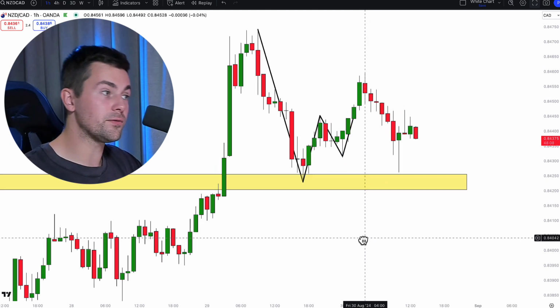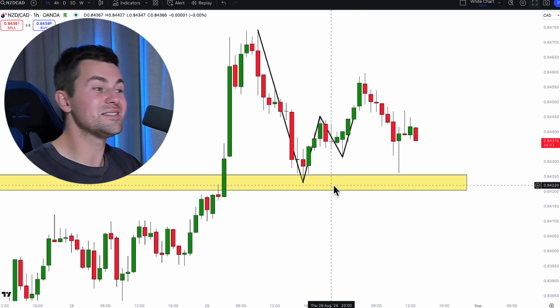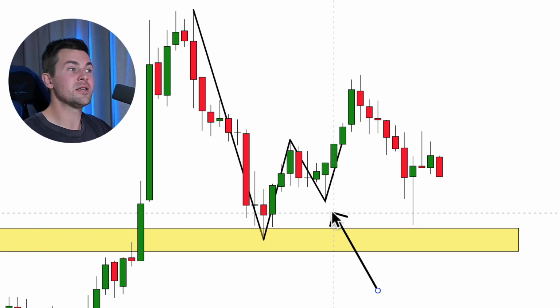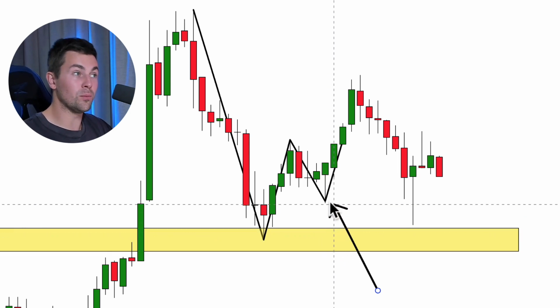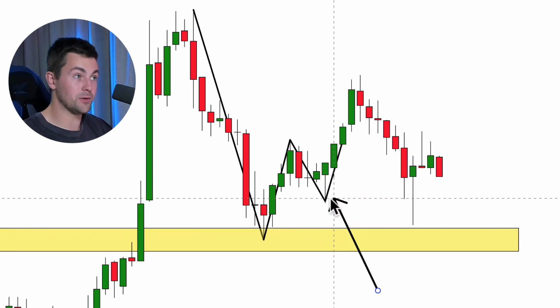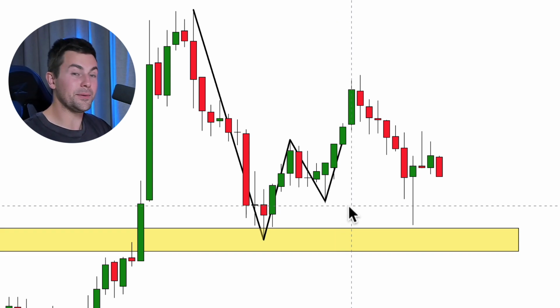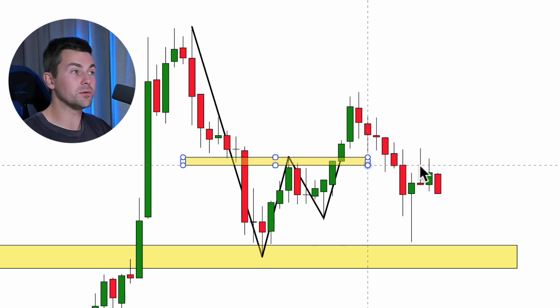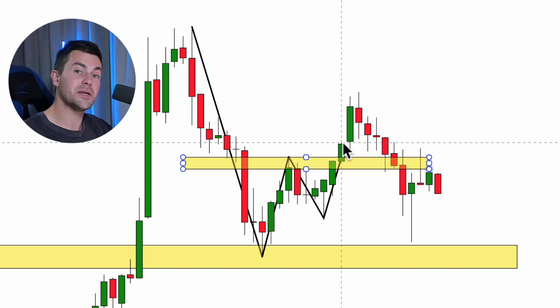And the only difference between the cup and handle formation and the double bottom is that with the cup and handle formation, the price simply forms a higher low, not the equal low, but the higher low. That is the only difference between the double bottom and the cup and handle formation. The pattern also has the horizontal neckline, and the breakout of the neckline of the pattern is a very strong bullish signal for us.